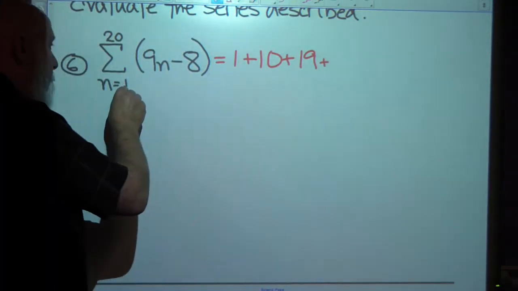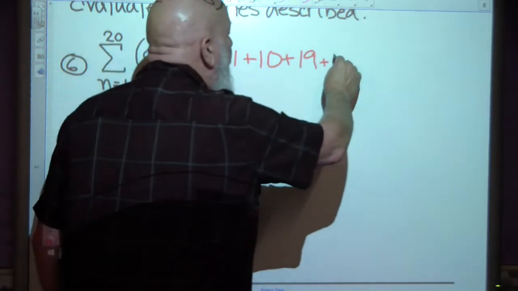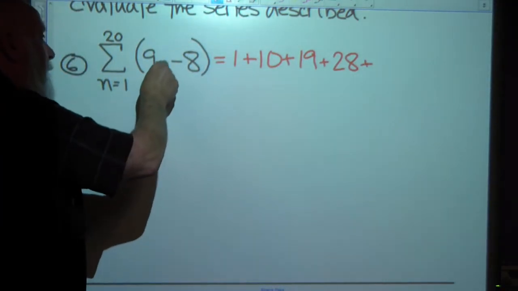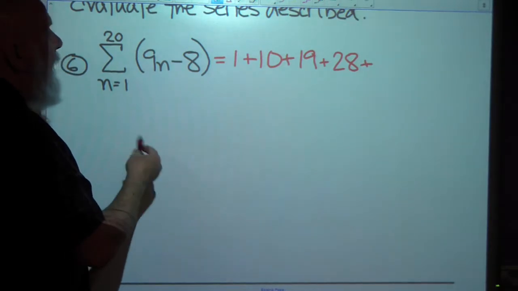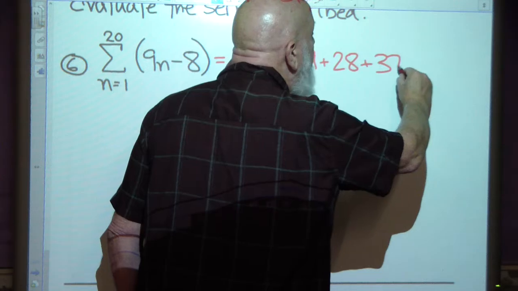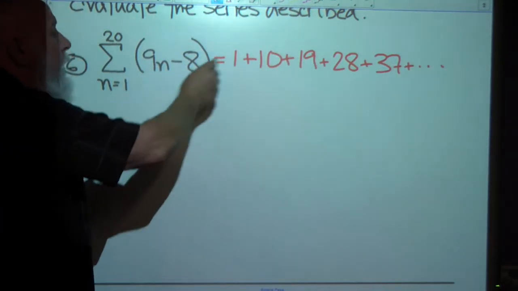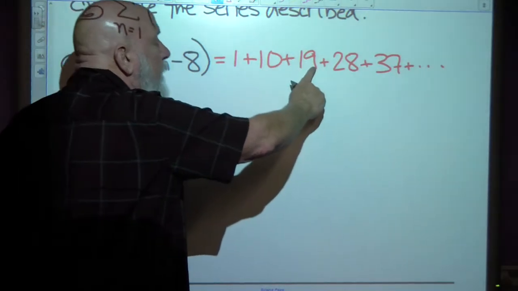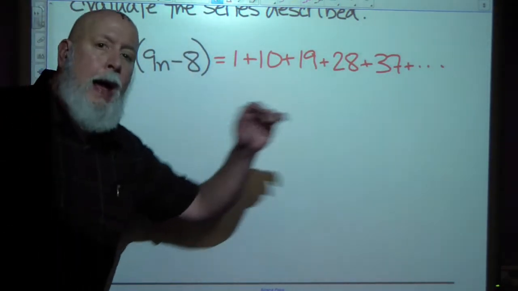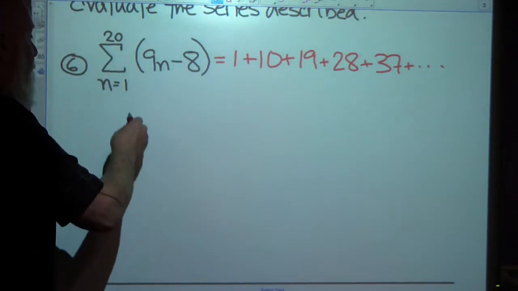I plug in a 4, 9 times 4 is 36, minus 8 is 28. I plug in a 5, 9 times 5 is 45, minus 8 is 37, if I'm doing my arithmetic right. And I'm going to keep going until I get to 20 and then add all those terms up. That's what this means.